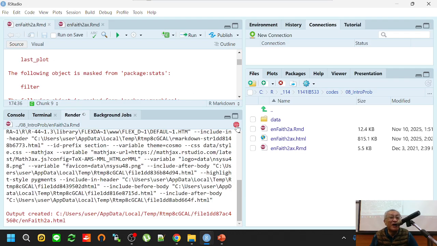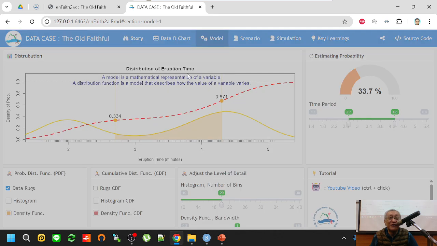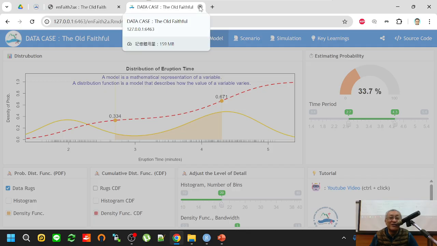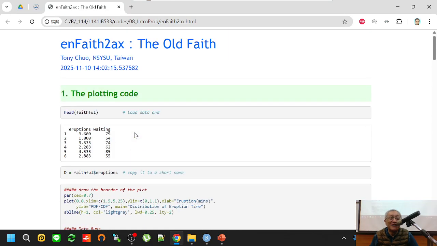By pressing this button, it will close the running app. And then of course after you stop the running app, the browser is no longer active, so we can close that. Okay, and let's go back and take a look at this 2AX HTML.